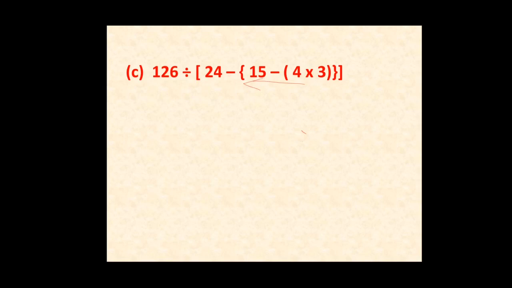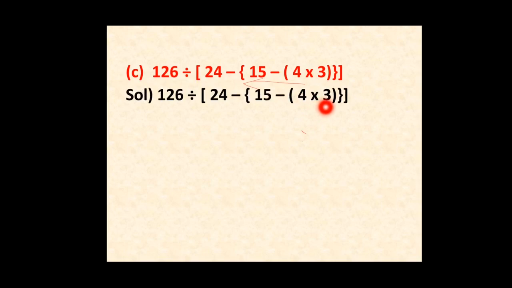Now to solve it, first we rewrite it. Now we will solve 4 into 3. 4 into 3 gives us 12. So in the next line we will write 126 divided by square brackets 24 minus curly braces 15 minus 12, since 4 into 3 is 12, and since this bracket is solved, we will not put round brackets now.